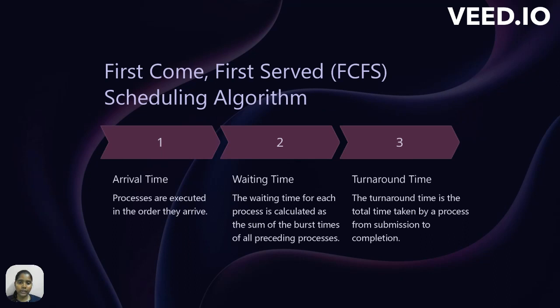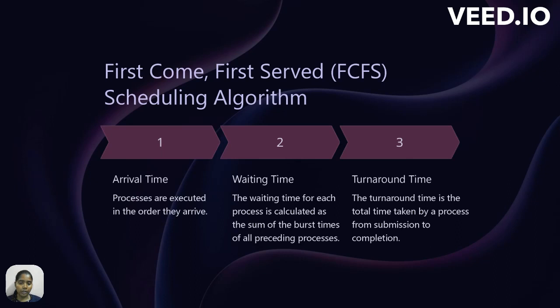Let us see the first come, first served scheduling algorithm. In that there are three types. The first one is arrival time, the second one is waiting time, and the third one is turnaround time. Arrival time means processes are executed in the order they arrive.